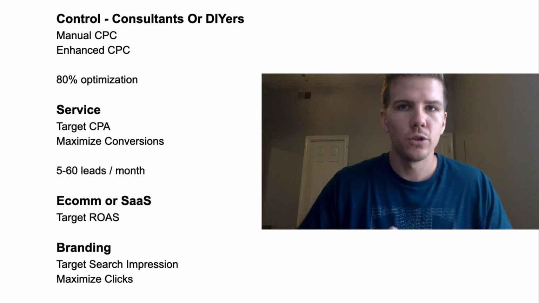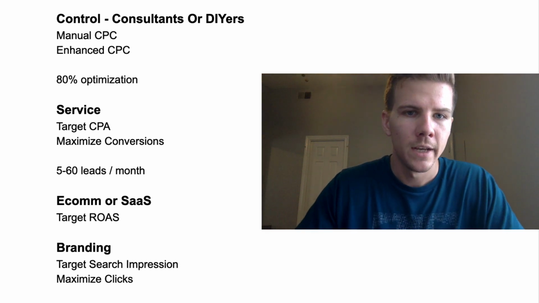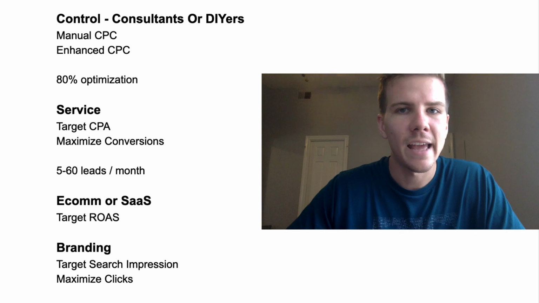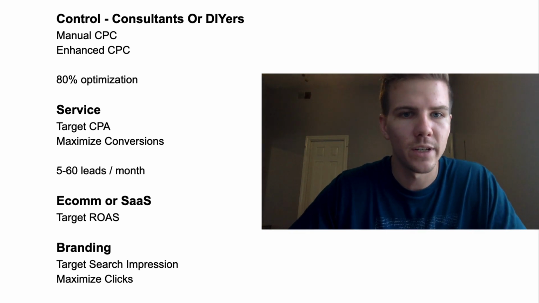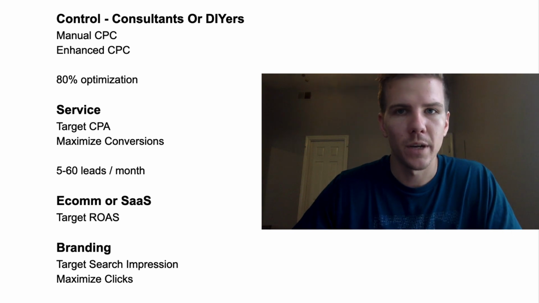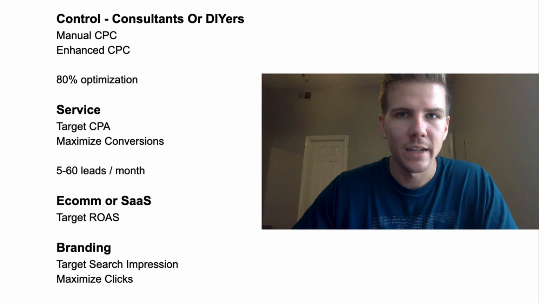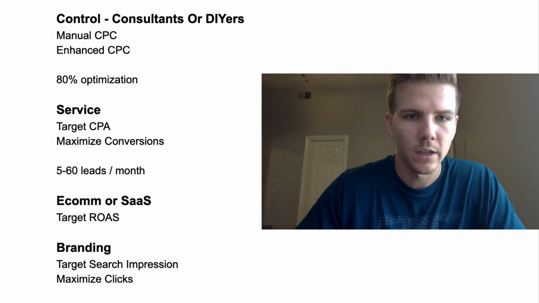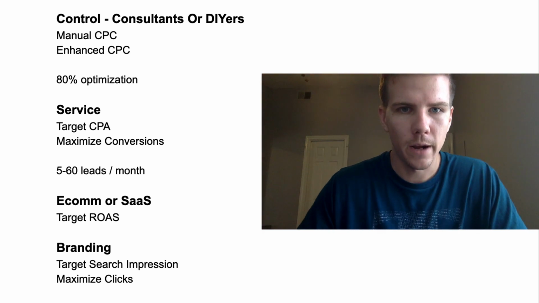And then how I'll usually approach this is I build up data in the account using manual to the point where after like 10 months, 12 months, 24 months even with some industries, I'll reach like 80% optimization, 80% of what I can actually do in the accounts, and you start hitting diminishing returns, at which point you can switch over to something automated and let the system take it from there.